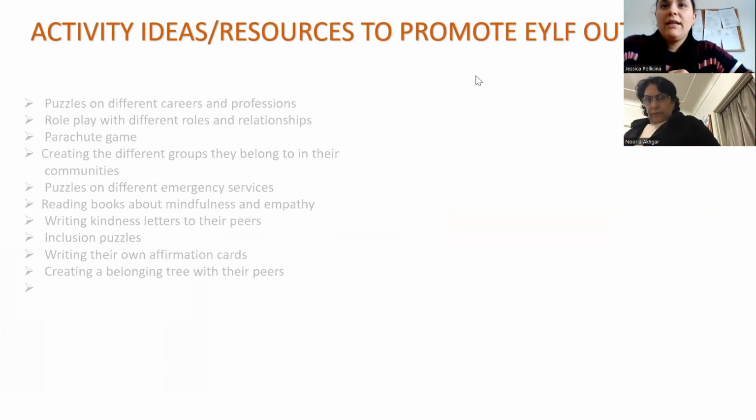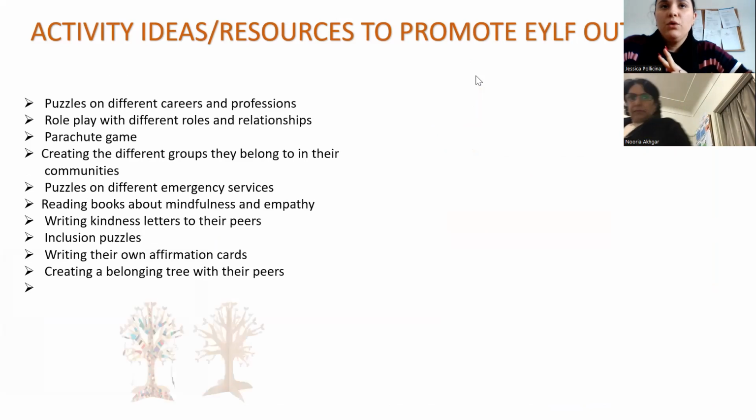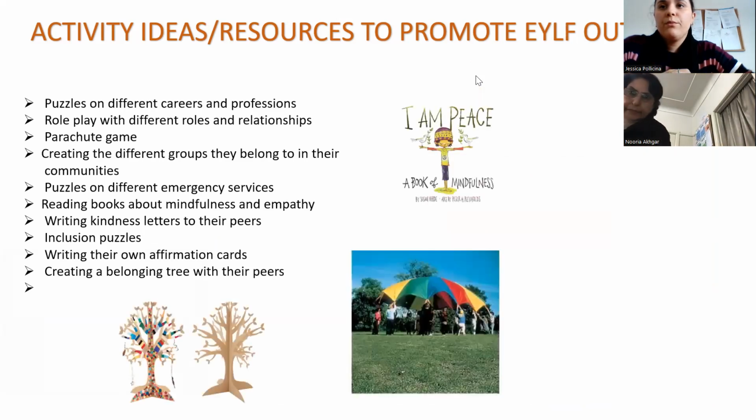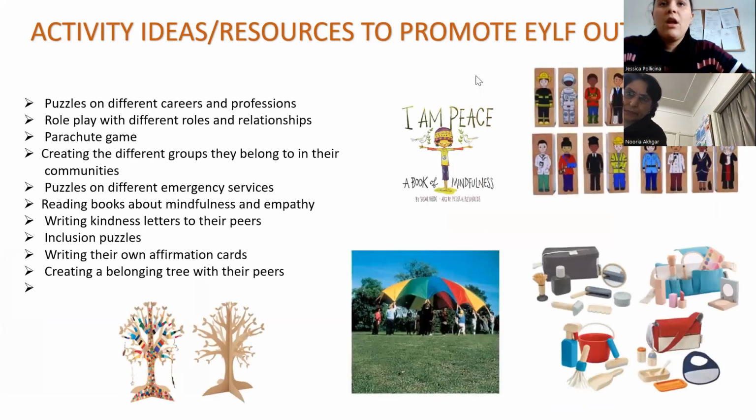So activity ideas and resources to promote outcome 2. Okay, so with this one here, you could implement in your service puzzles that look at different carers and different professions, you know, so like firefighters, astronauts, doctors, pilots, chefs, all different careers and professions in the wider community.